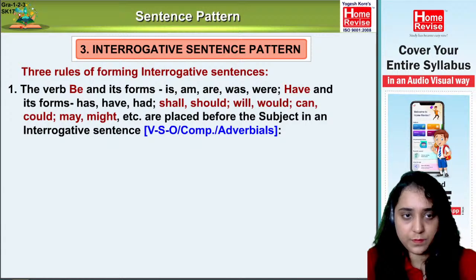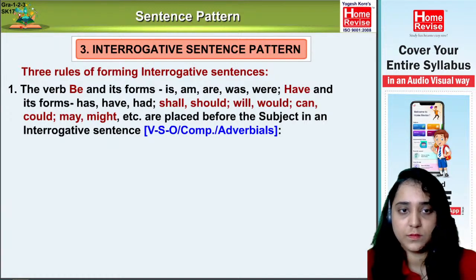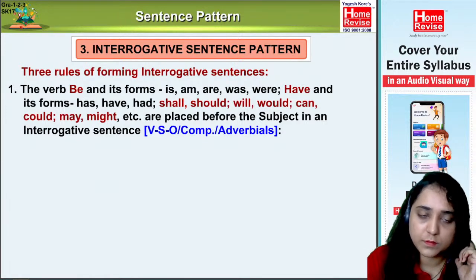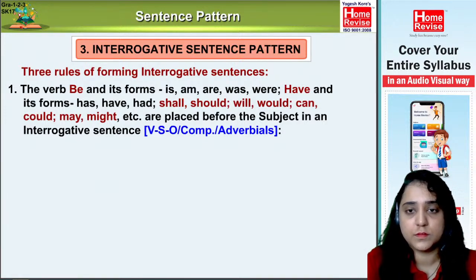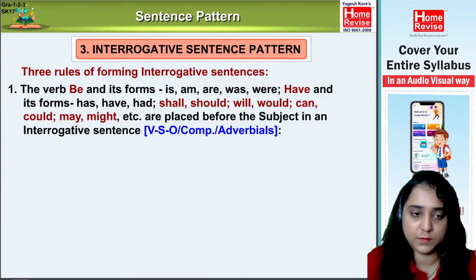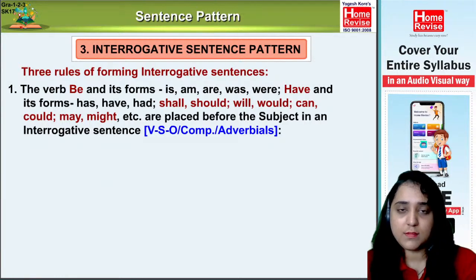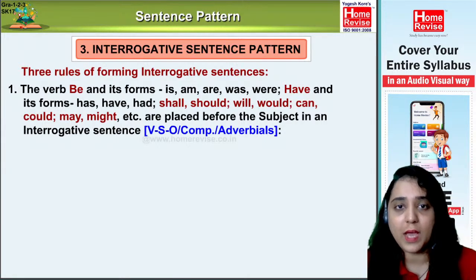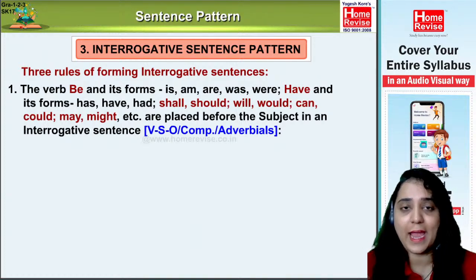One: the verb be and its forms is, am, are, was, were; have and its forms has, have, had; shall, should, will, would, can, could, may, might, etc. are placed before the subject in an interrogative sentence. Now, as we all know, the third part is the interrogative statement. Interrogative statements means the questions that we ask. जो हम questions पूछते हैं, जो sentences के end में question mark होता है.